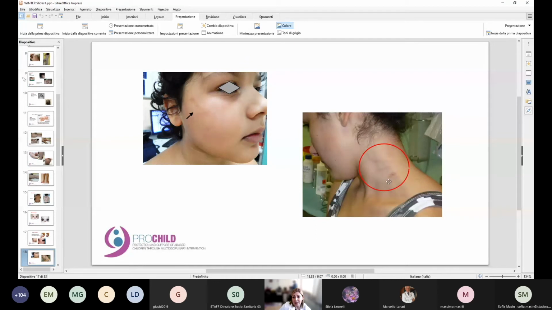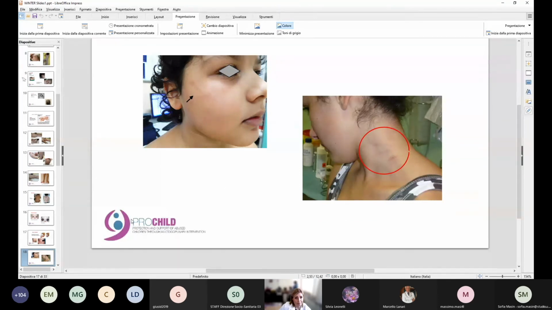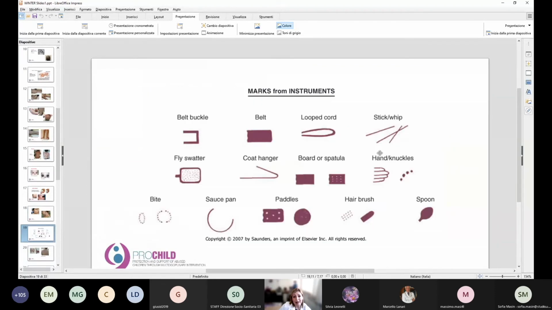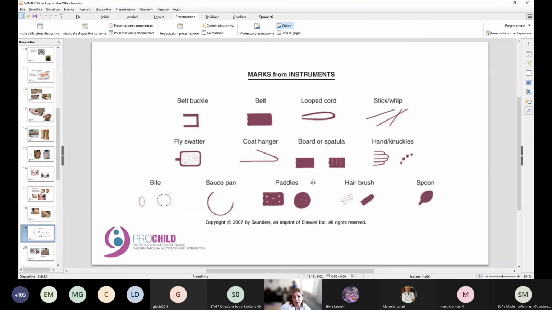Here, for example, you have some scratches, or general marks, or there are some other instruments that can leave marks.